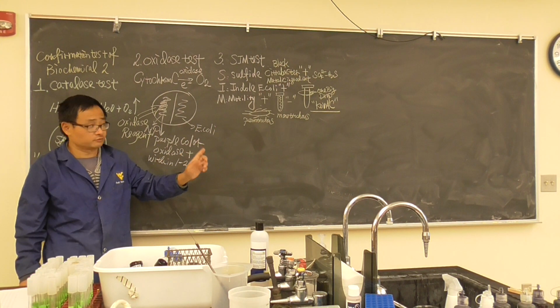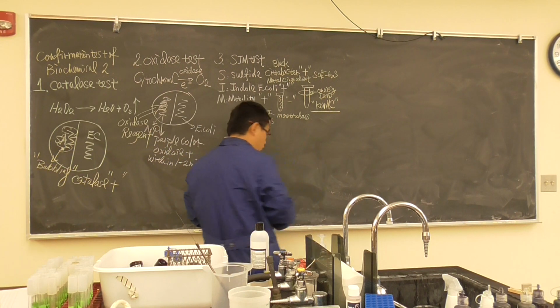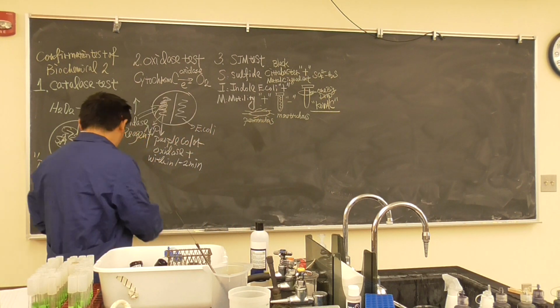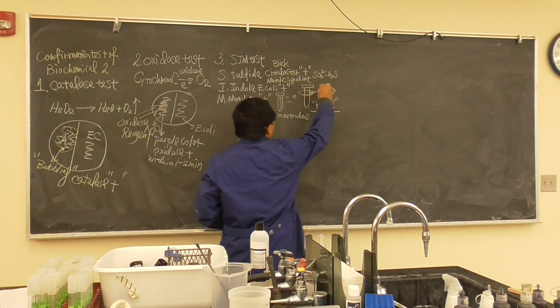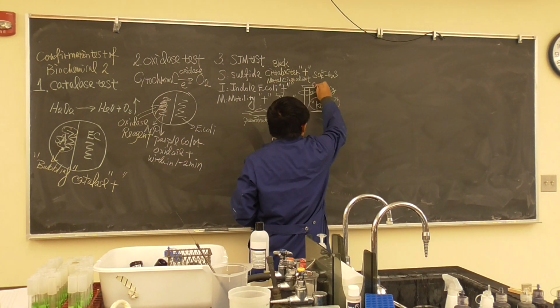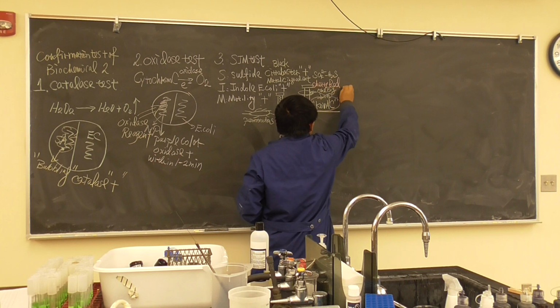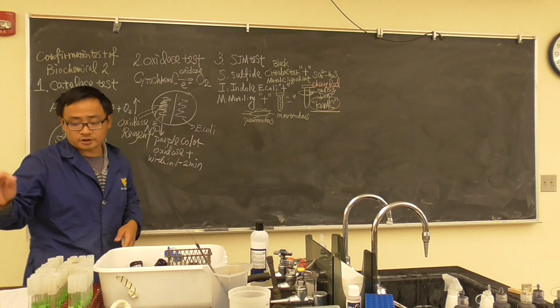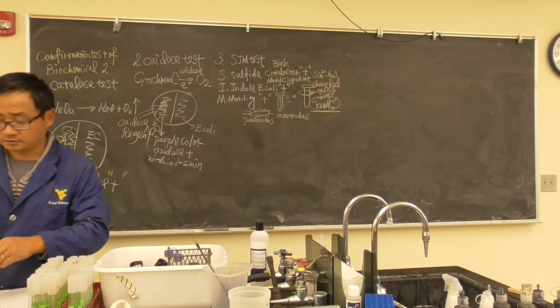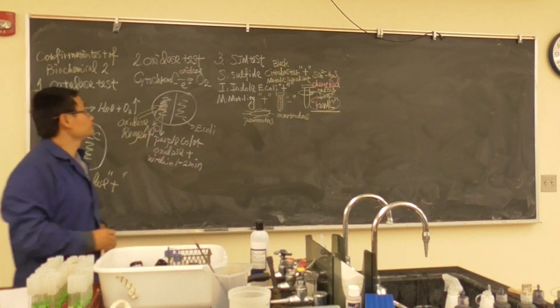It's Indo positive. It showed you color is cherry red after you add a Kovac. Always remember, and you can do the test by yourself. Don't use all of them, okay?